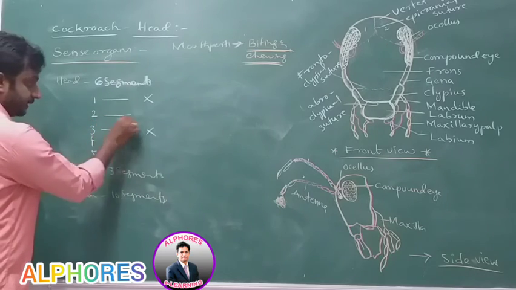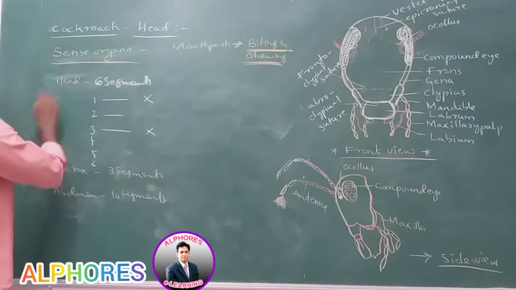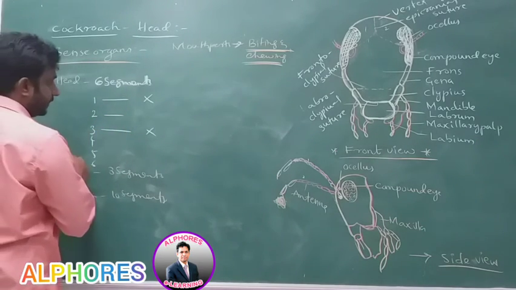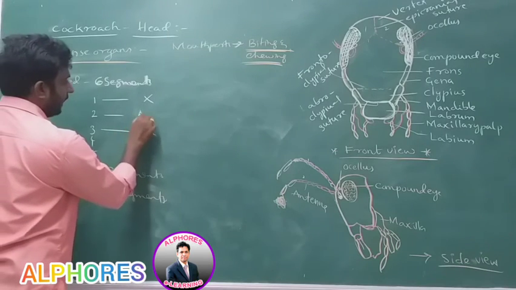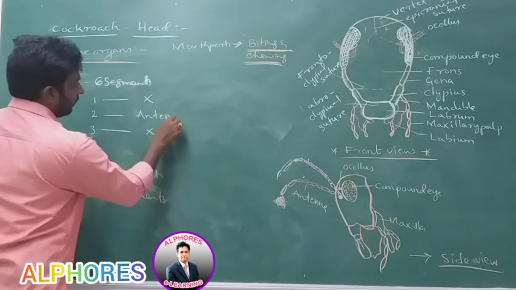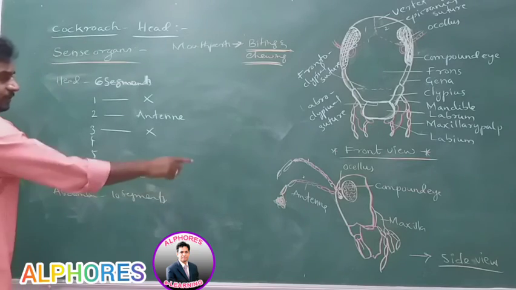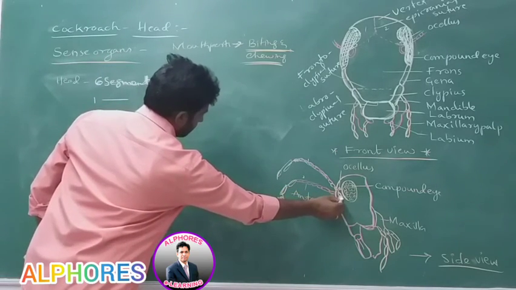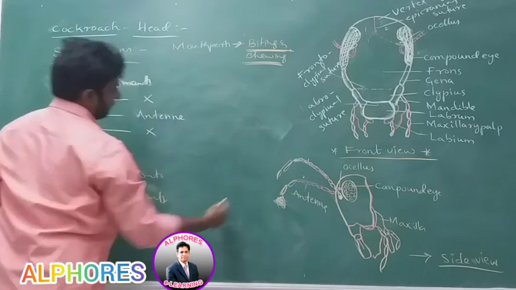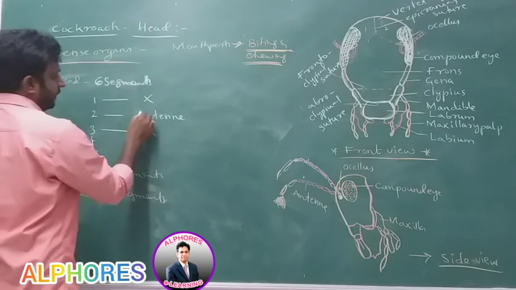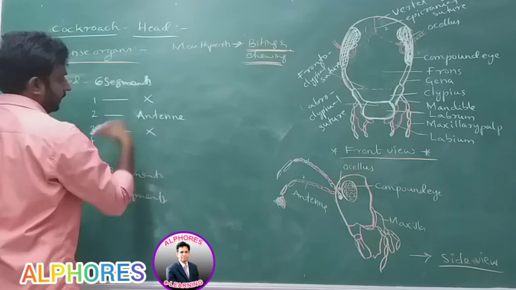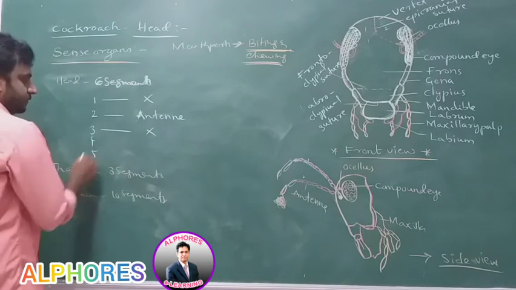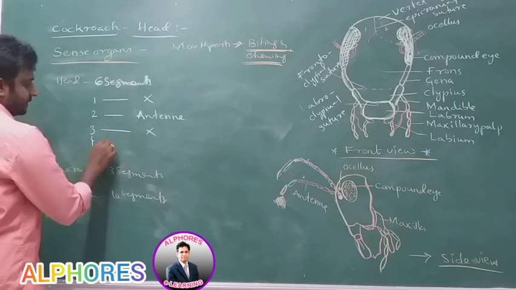Then the second segment of the head consists of one pair of antennae, which we already discussed. Antennae arise from the frons. The multi-segmented part of the head is the antennae.